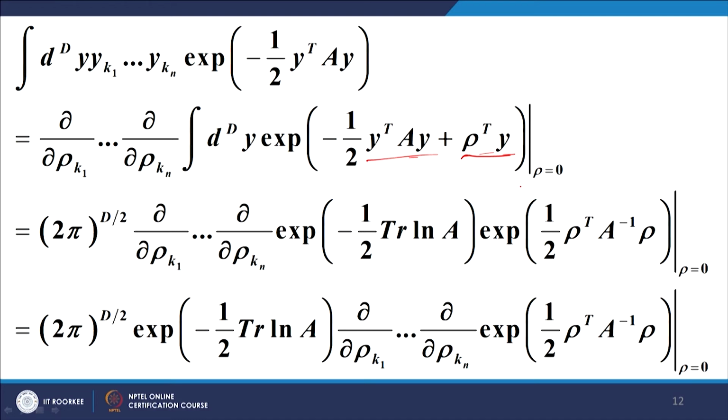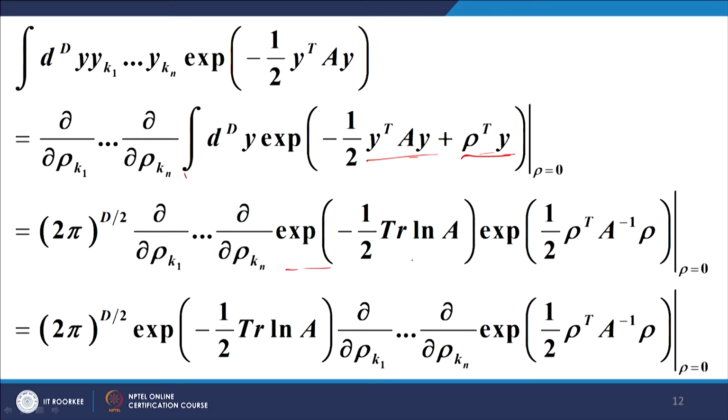In other words, what is it? First of all, add the source term. Step 2, differentiate with respect to rho k1, rho k2 and so on. Step 3, after differentiating, put rho equal to 0 and you get the same quantity as this one. Now, we know the integral of this expression; it was just now done, and that is precisely this.